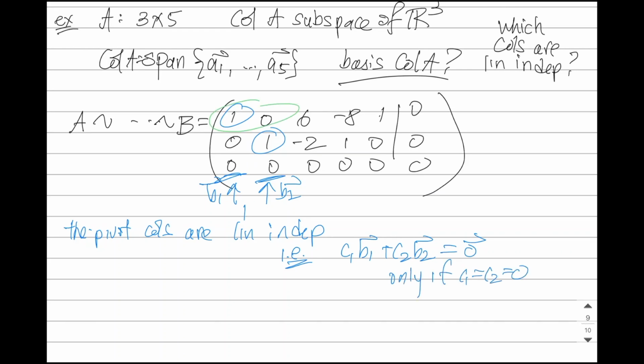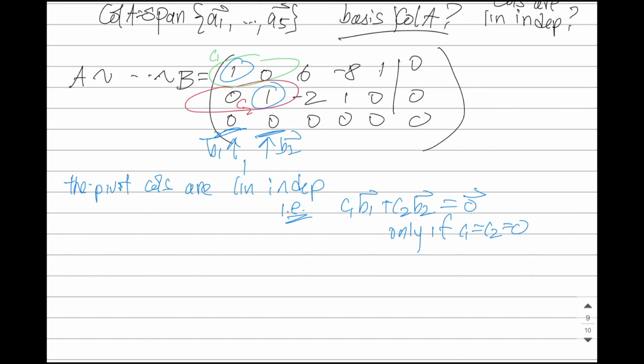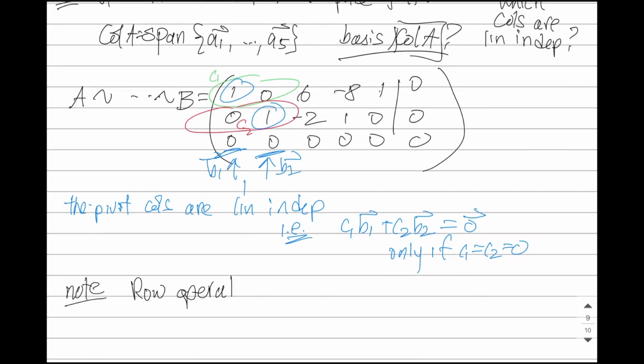If I put a weight in front of this, the only way to make that add up to 0 is by putting this weight to 0, and the only way to make this entry 0 is by putting this weight to 0. You have to be a little bit careful. When we talk about the basis for the column space of A, we are legitimately interested in the matrix A, not in its row-reduced equivalent. Row operations preserve solution sets.